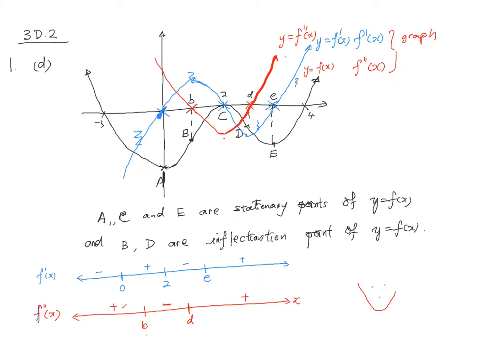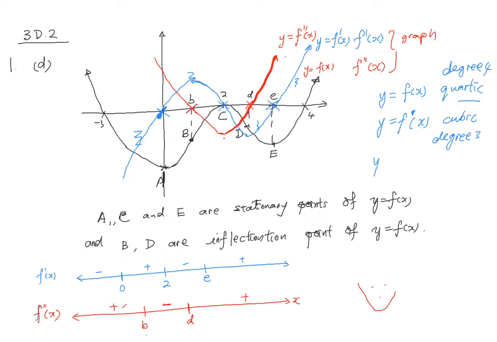So you see, y equal to f(x) in this case is degree 4, because it has 3 turning points. Degree 4 has a maximum of 3 turning points. Then your y equal to f prime x will be cubic, 1 degree lower, degree 3.